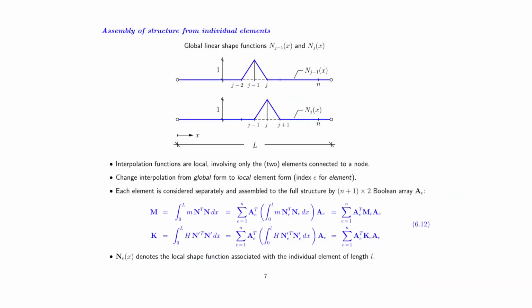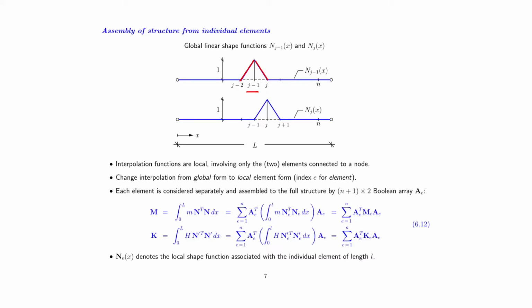We haven't really dealt with what these shape functions will actually look like. In the format that we've presented until now, we are in general in the global format. That means for a given node j-1, we will require a shape function that provides a linear interpolation to the two adjacent nodes at j-2 and j.